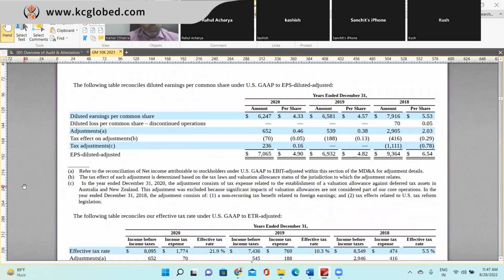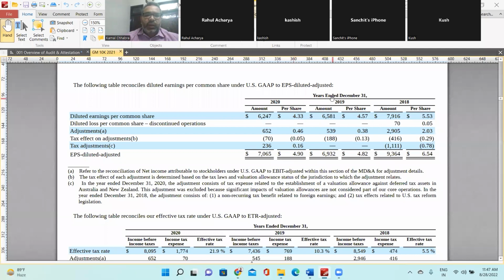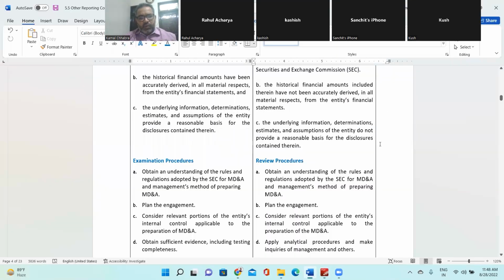For example, here if you see earnings per share, they are disclosing it for 3 years, 2018, 19 and 20. So this should be coming from the audited financial statements of 18, 19 and 20, which include the amount and the per share value as well. Make sense? Can you correlate the theory which we are discussing with those financial statements? Yes, sir.